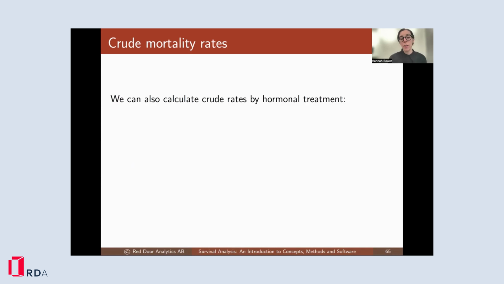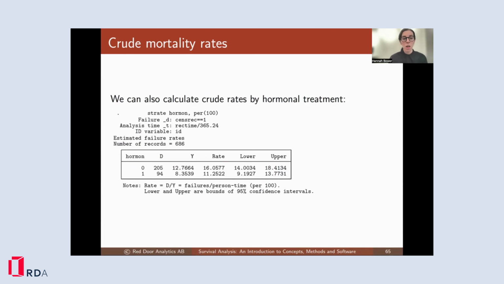So we said before that we were interested in our example data set to look at hormonal treatment. So one other thing that we may be interested in doing is calculating the crude mortality rates within each of these groups. So what we would do here, if we're interested in doing that, is use the sdrate command, specify our variable hormone, and then here we're going to use per 100 again. So we'll present the rate and the person years per 100 person years.